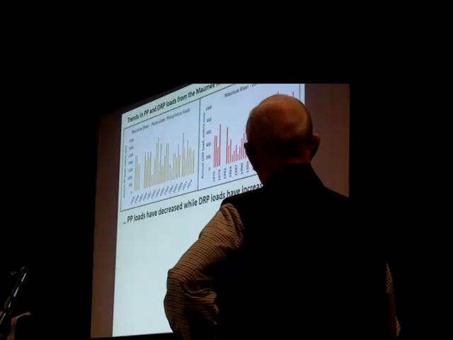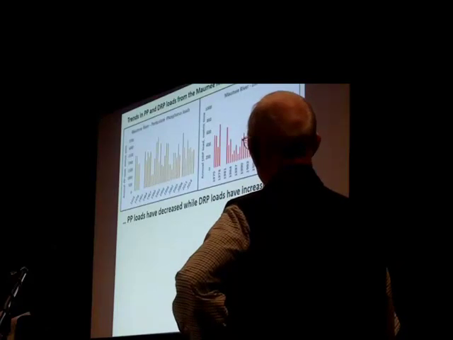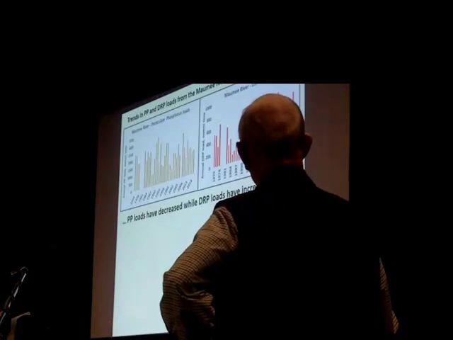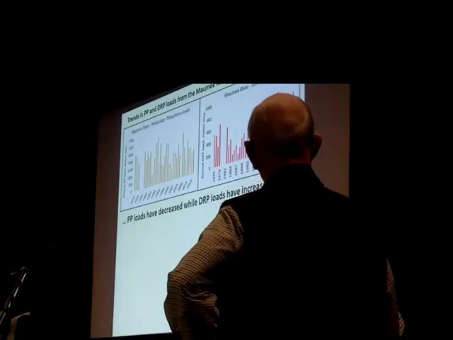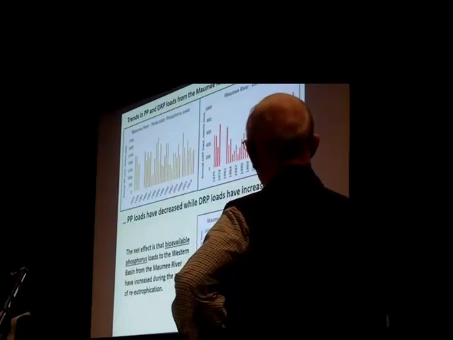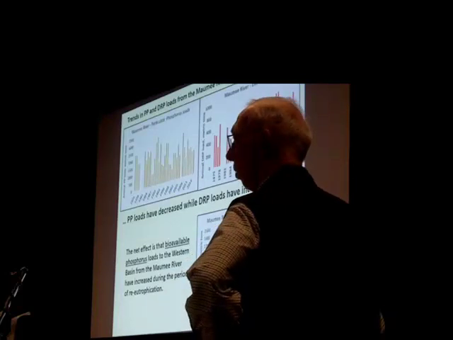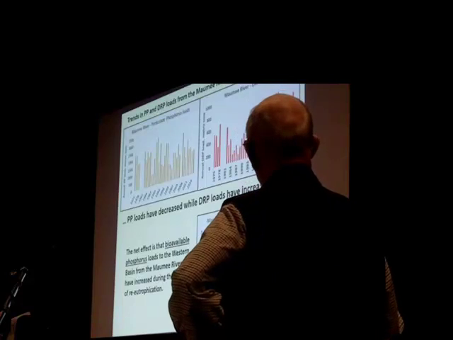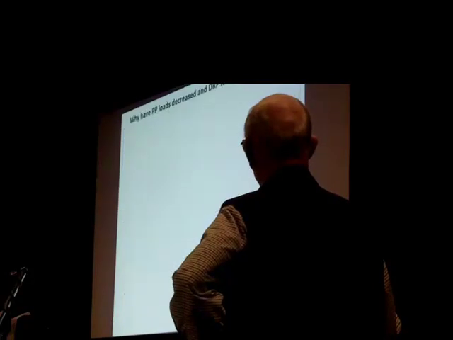So why have the particulate phosphorus loads decreased while DRP loads have increased? Or that's what has happened. The net effect of these two is that the amount of phosphorus that's bioavailable to stimulate algal growth has increased. So that's the net effect on bioavailable phosphorus loading.